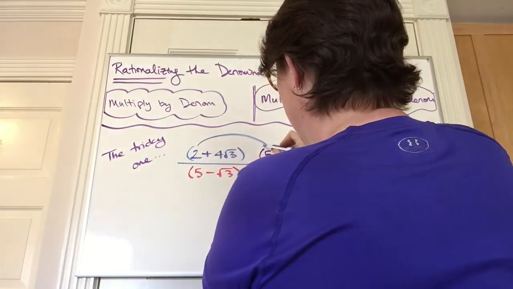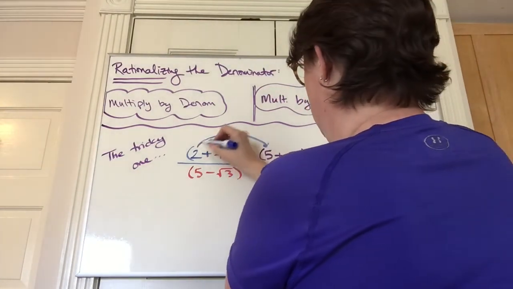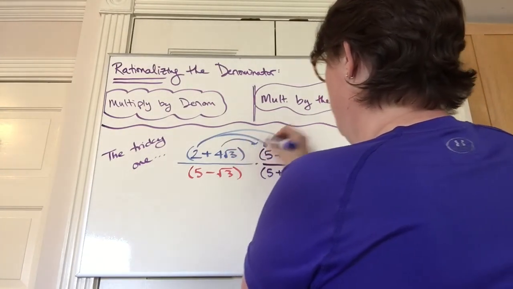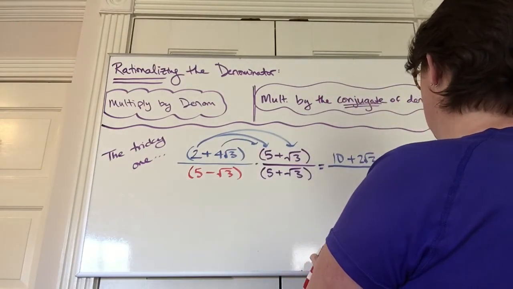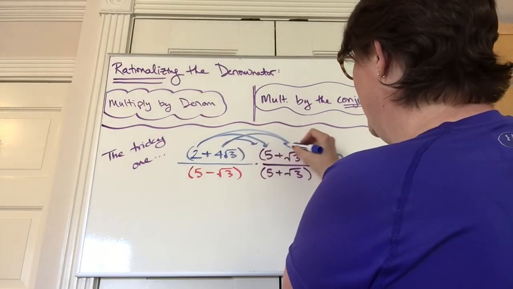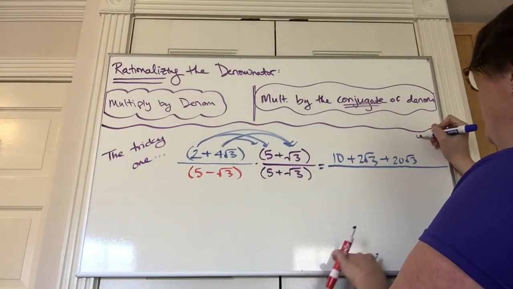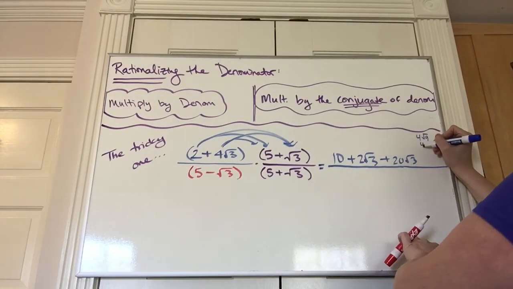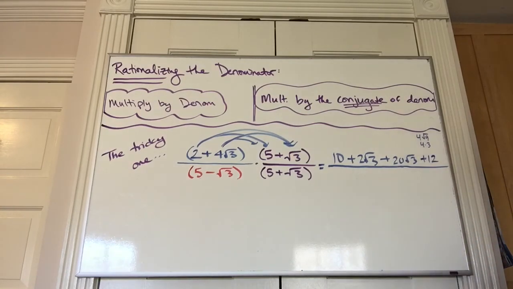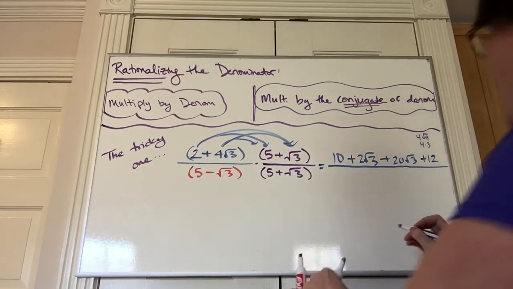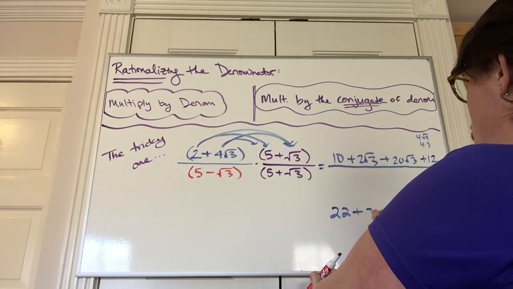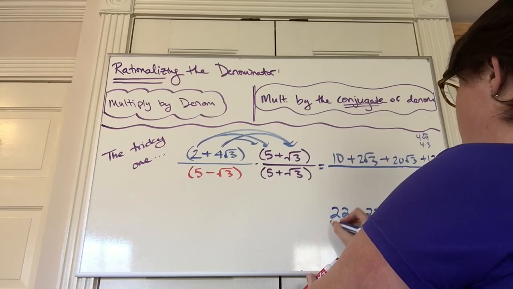I'm going to have 10 plus 2 root 3 plus 20 root 3. And then here's the tricky bit. 4 root 3 times root 3 makes 4 root 9, which is 4 times regular 3. The back is going to become 12. So if you simplify the whole top of this, you're going to get 22 plus 22 root 3.